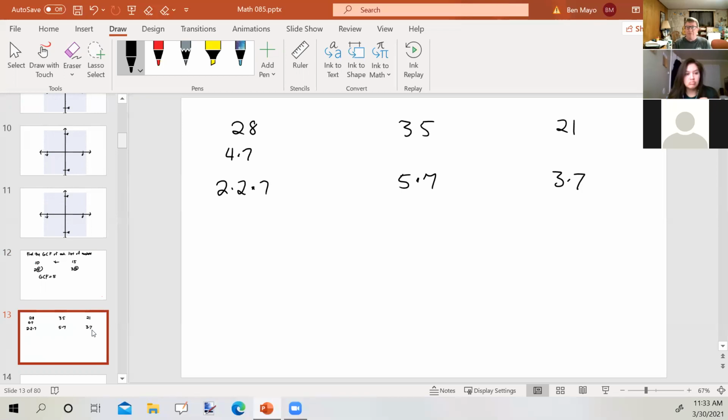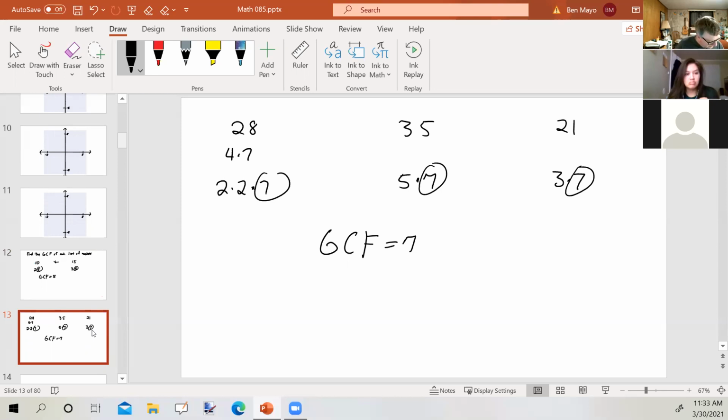They don't all have 2's in common, or 5's or 3's, but they all have a 7 in common. So the greatest common factor is 7. That's the biggest number that's a factor of all 3 of the original numbers. Any questions there?